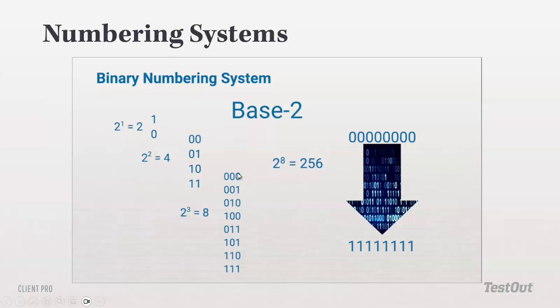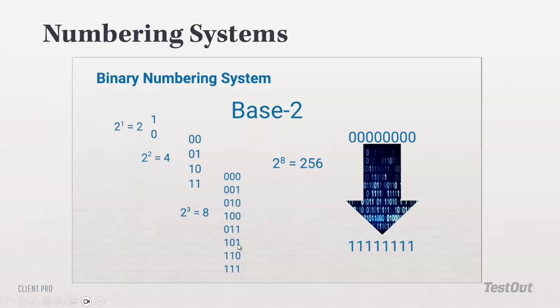So this first position is worth 1, this one's 2, and this one is 4. Not 3, but 4, because the first position is 2 to the 0, and then 2 to the 1, and then 2 squared. So this number 100 is actually the number 4, which makes sense because it follows after 3. And again, switch these two around.